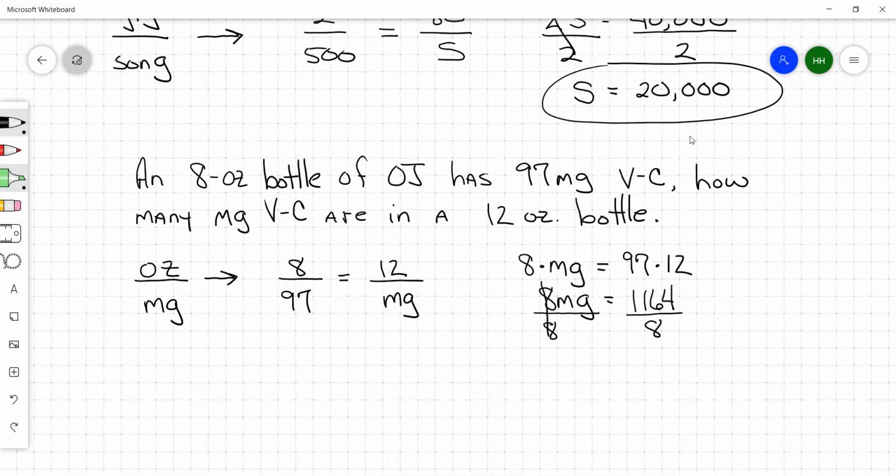These 8s will cancel, and your milligrams in the bigger bottle, 1164 divided by 8, 145.5. Any questions on any of that?